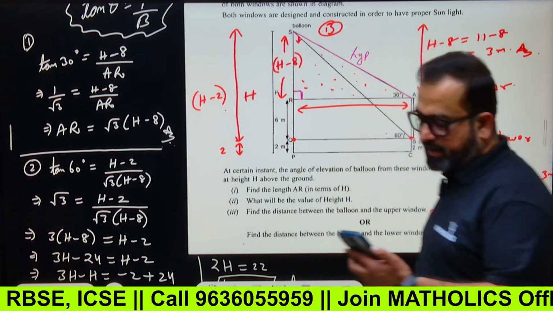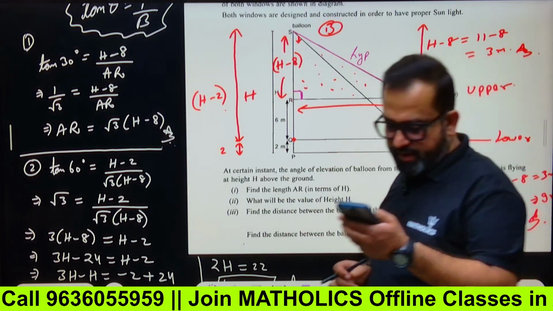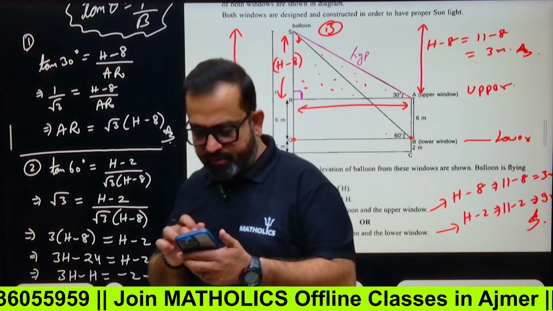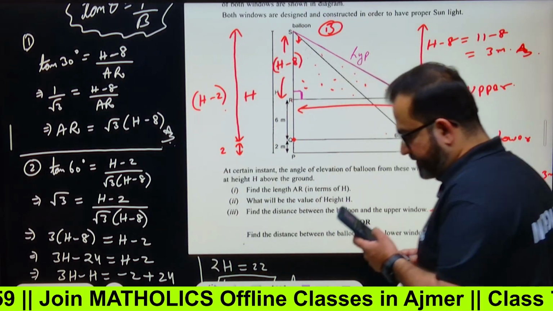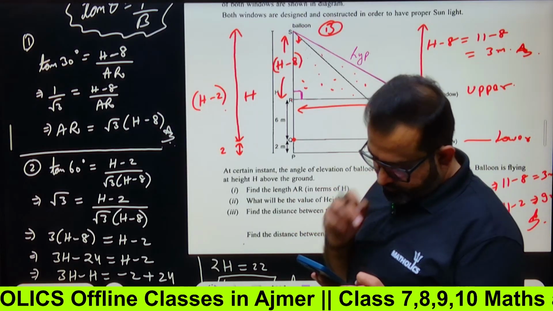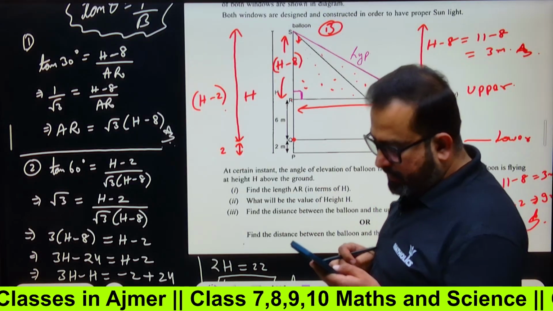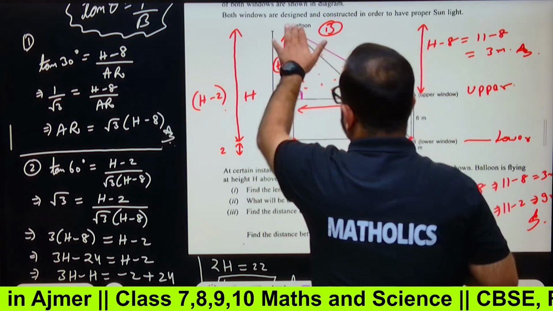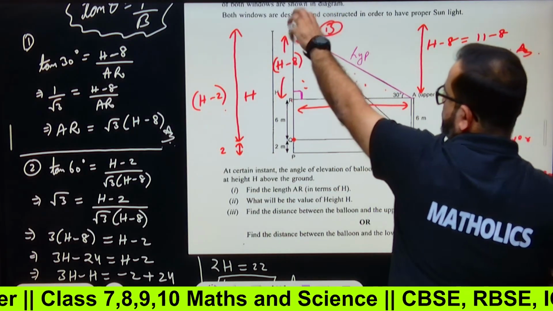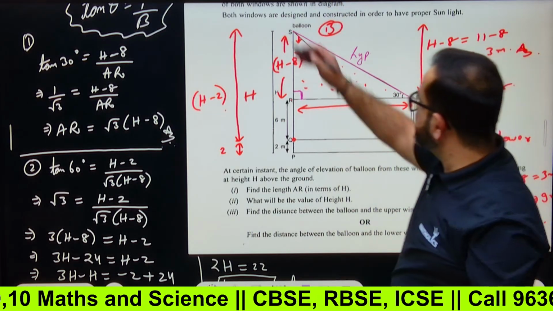How many of you are able to see this? This is the balloon on the higher side, and this is the upper window. So you have to find this hypotenuse.